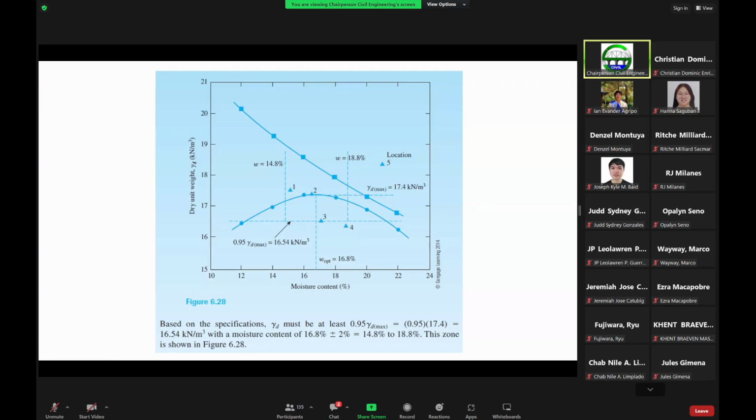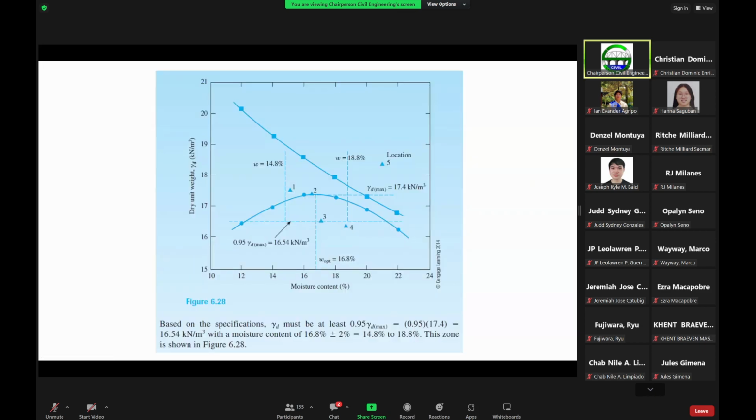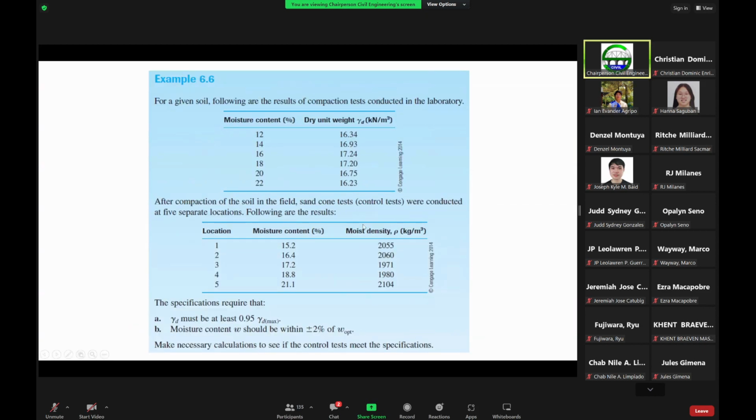So that means the test point one has passed. We're good there because it is above 95% of the maximum dry unit weight and within the moisture content range.